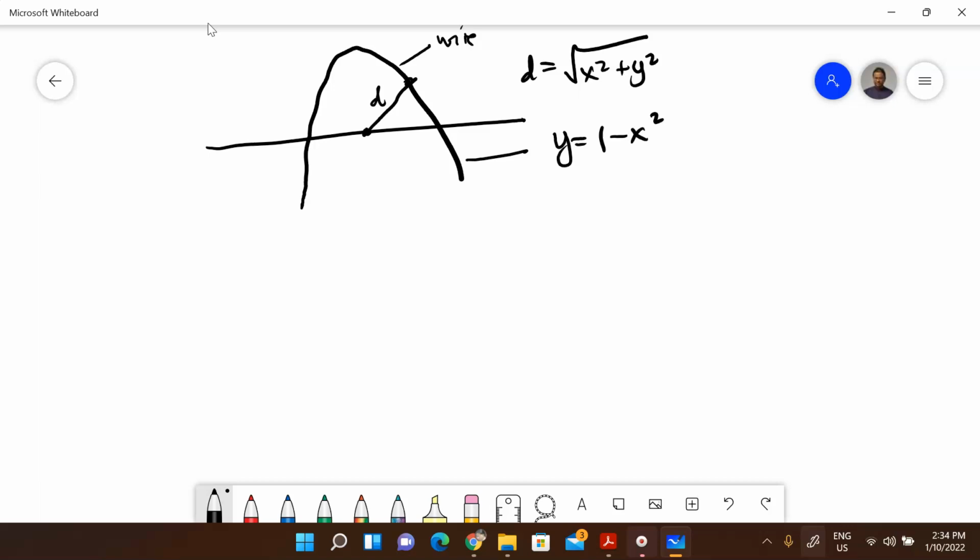Okay, so what we want to do is to minimize d, but this is equivalent to minimizing the square of d, and that will get rid of the square root, and that will be easier.